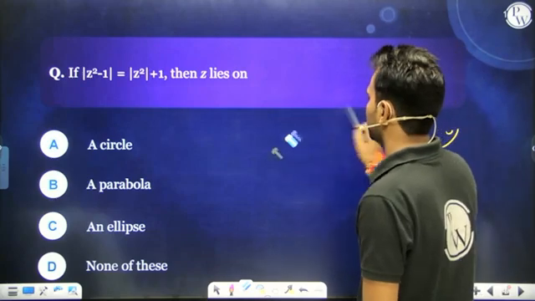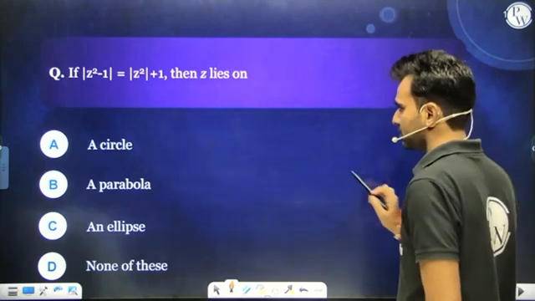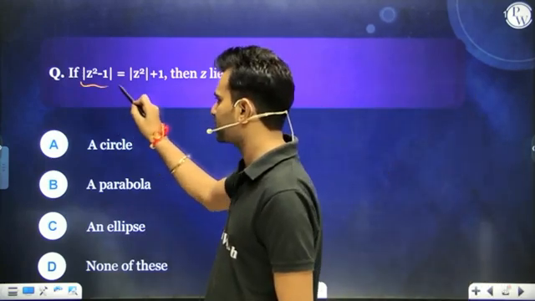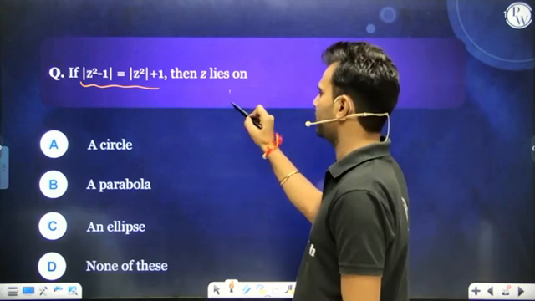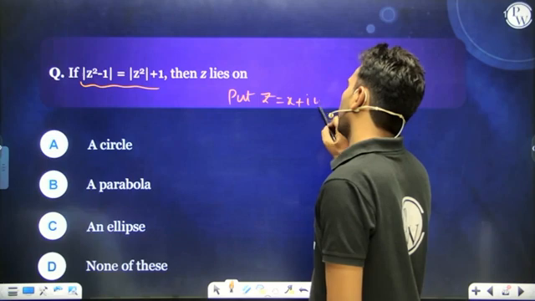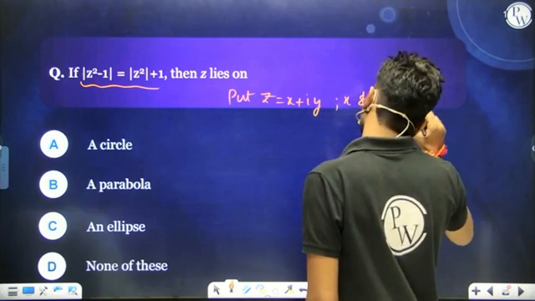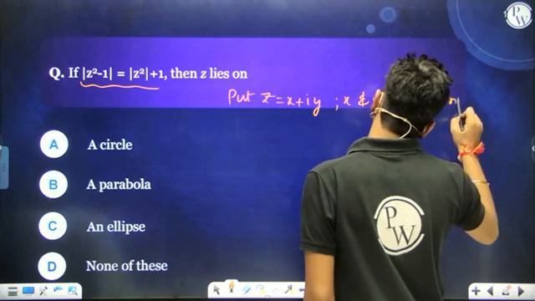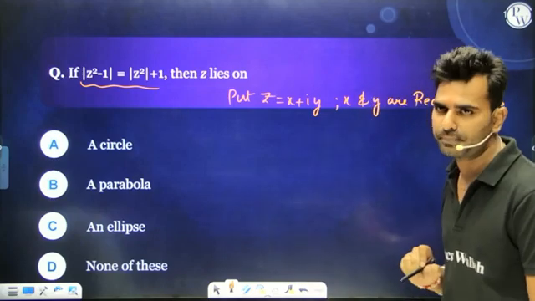Okay, let's talk about this particular problem. Whenever you are given some such equations in complex numbers, one thing that you have to keep in your mind is you have to put z equals x plus iy, where x and y are real numbers. The moment I have said that x and y are real numbers, I can say that the real part of the complex number is x and the imaginary part of the complex number is y.